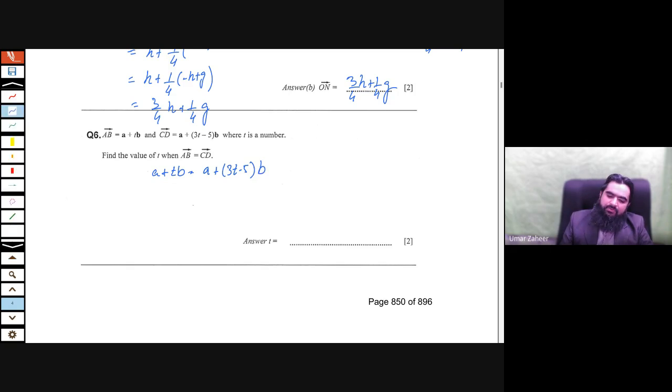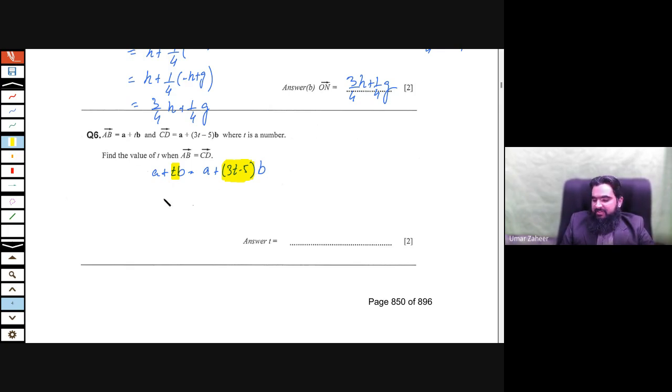I just told you if two vectors are equal, this means that the coefficients of the vectors are going to be equal, because he says that a and b are vectors.